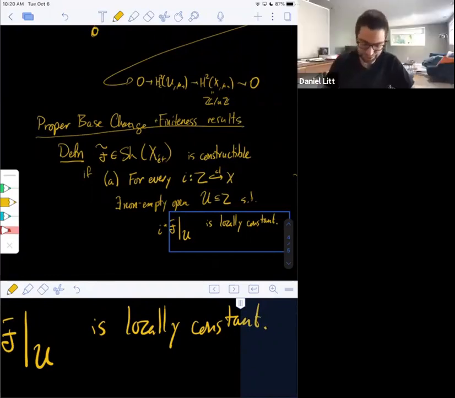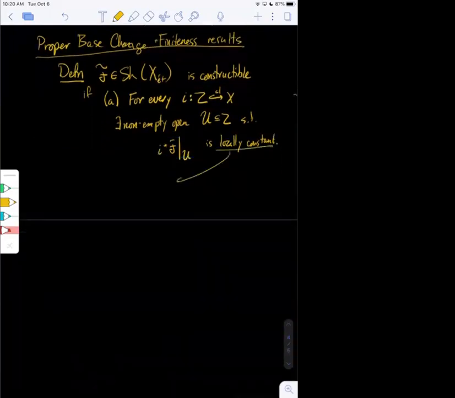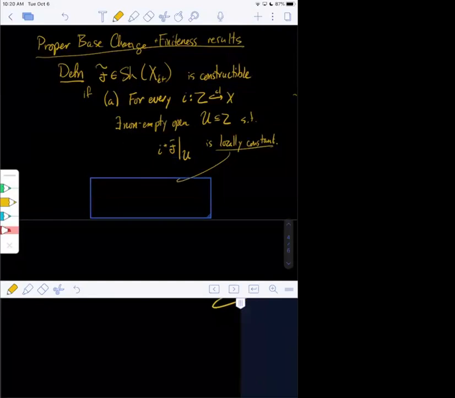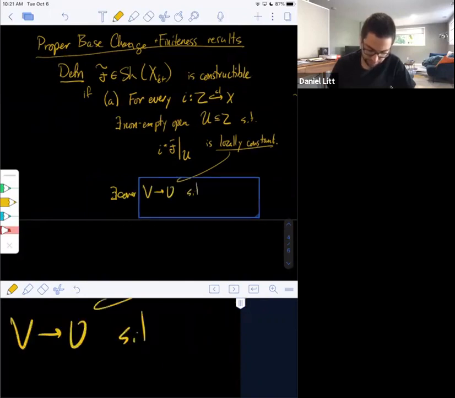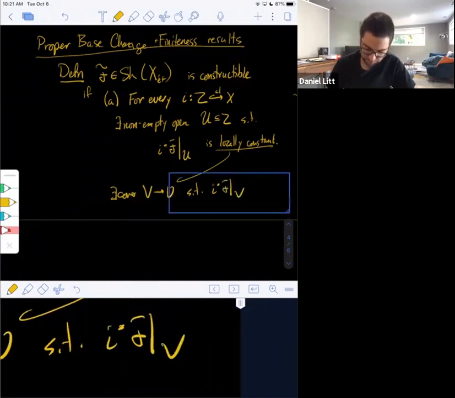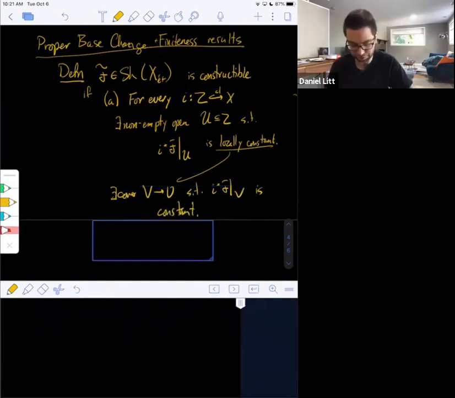So what this means, as Sasha said, is that there exists some cover φ: V → U such that i star F restricted to V is constant, meaning the sheafification of a constant presheaf.